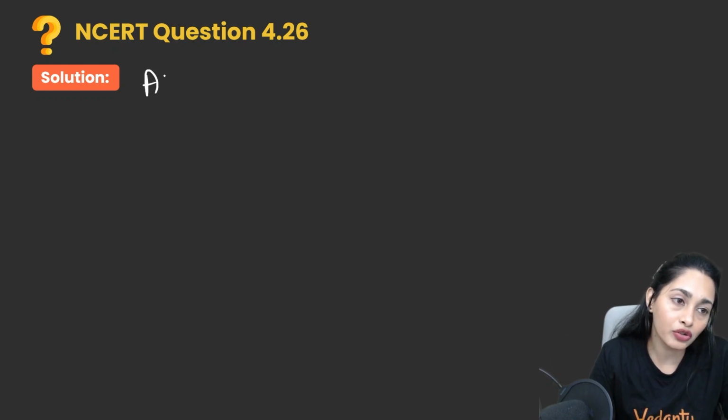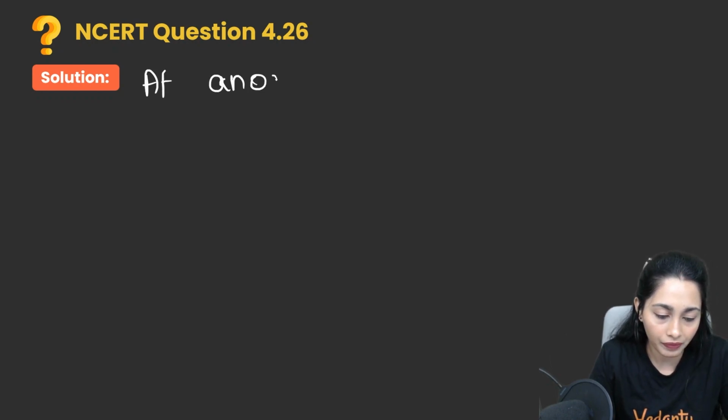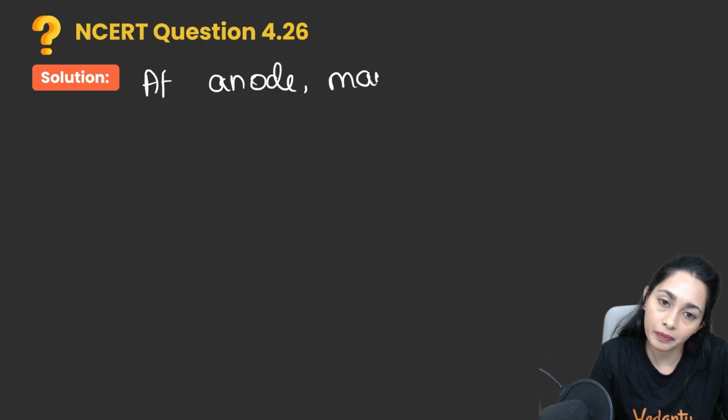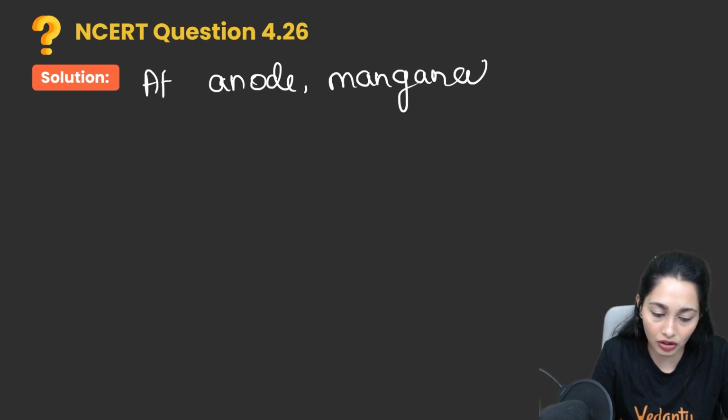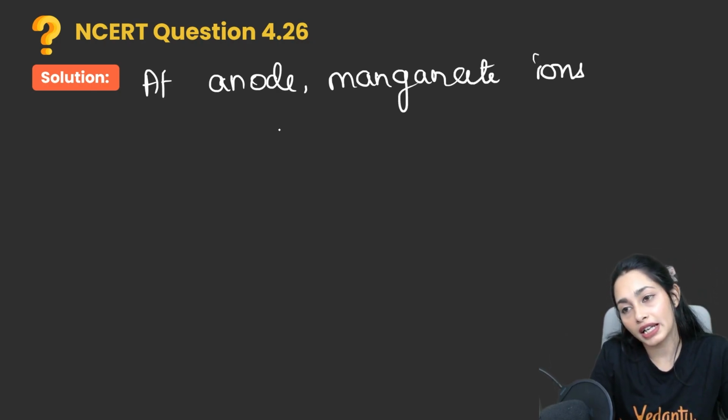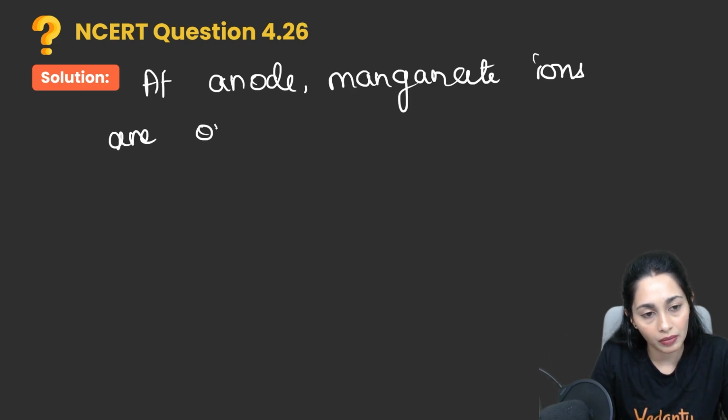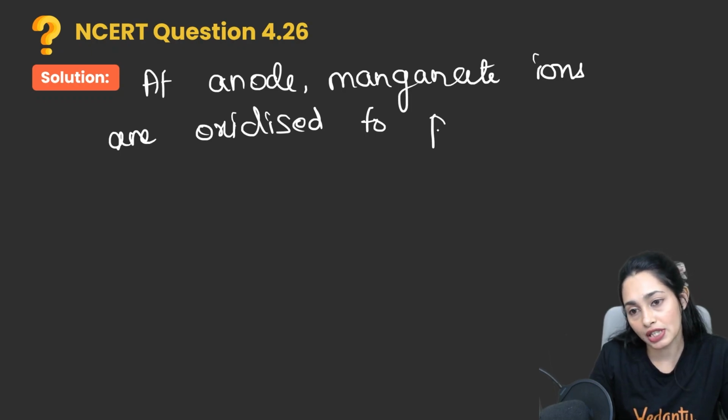And what will be produced at anode? At anode, manganate ions are oxidized to permanganate ions.